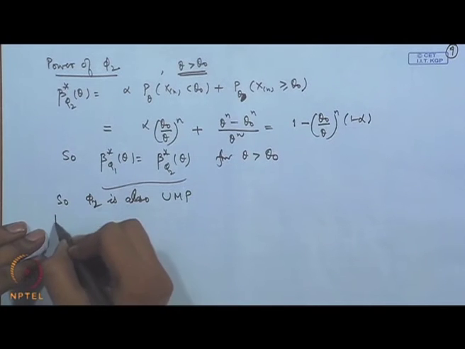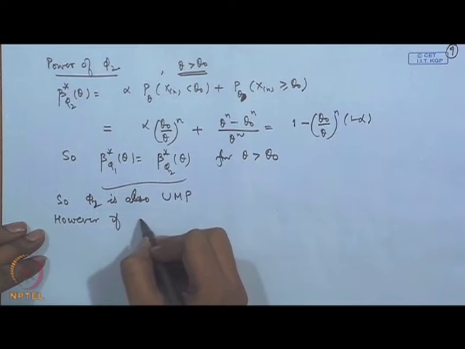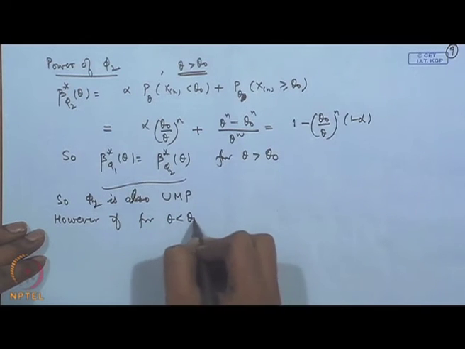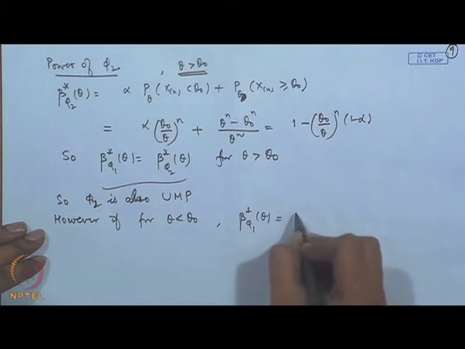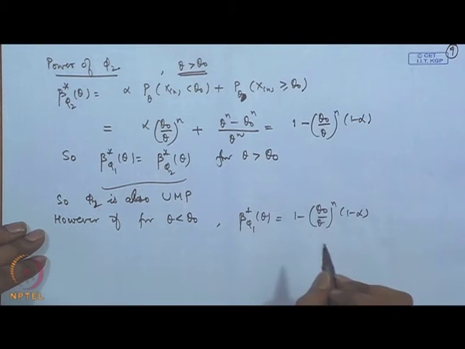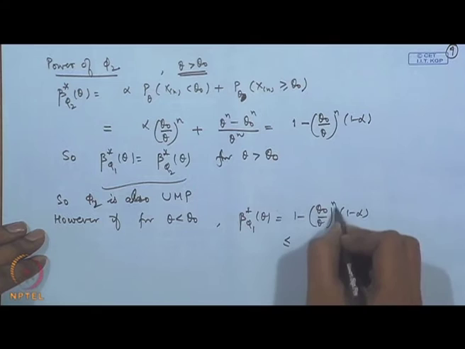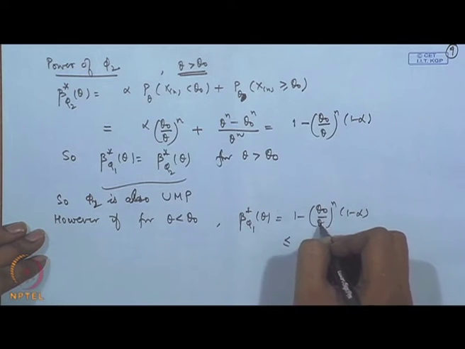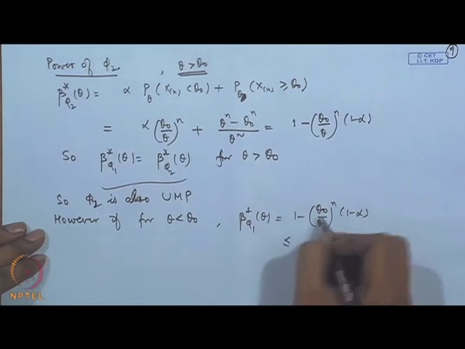However, if we consider the power function for theta less than theta naught, beta phi 1 star theta, that is 1 minus theta naught by theta to the power n into 1 minus alpha, that is going to be less than or equal to, see, theta naught by theta to the power n is greater than 1. If theta is less than theta naught, this is greater than 1.